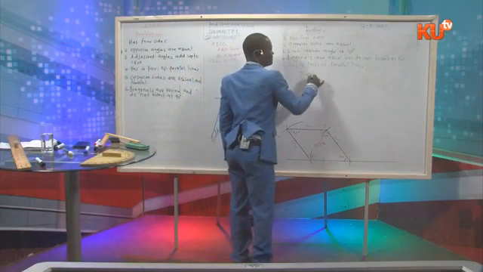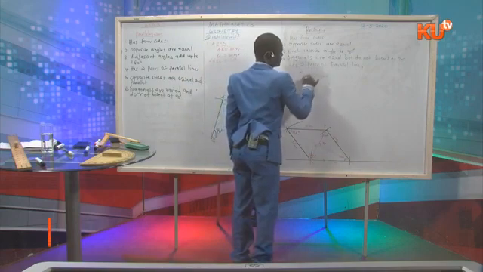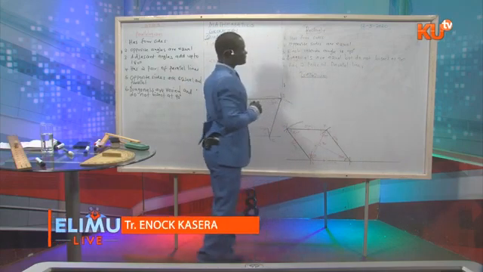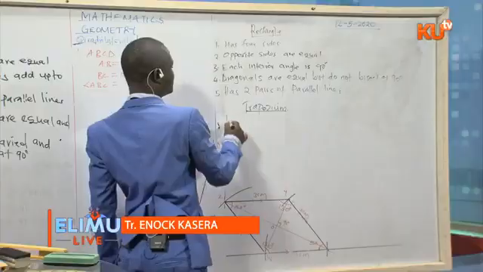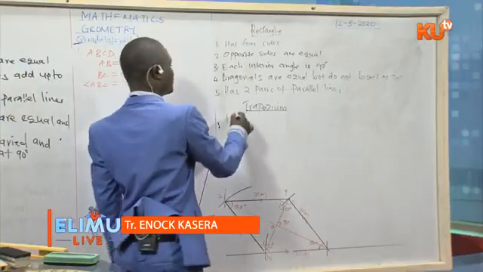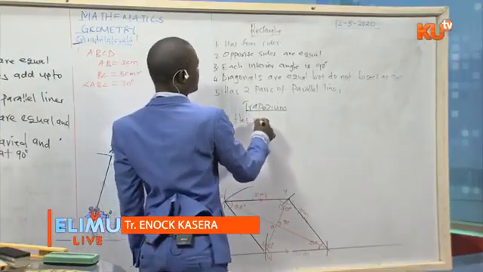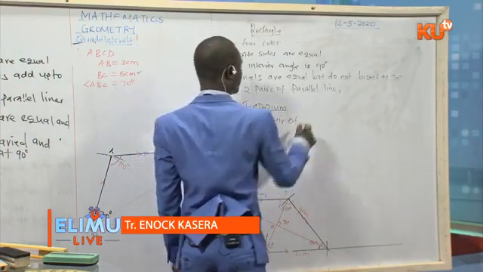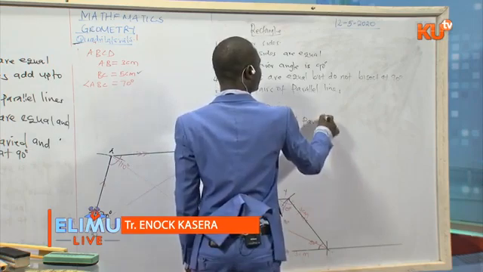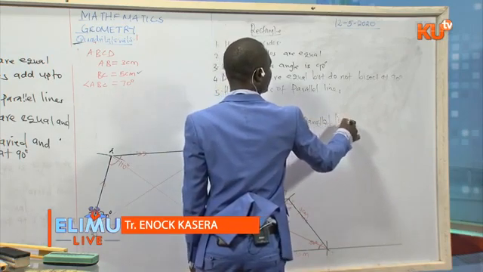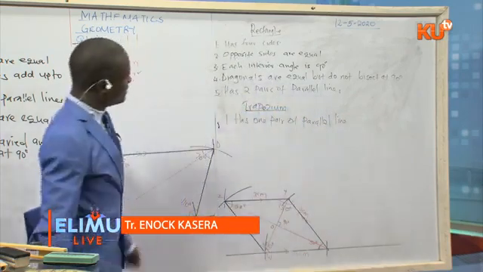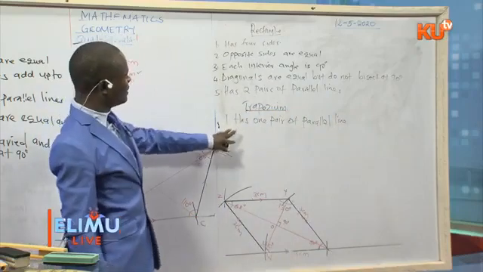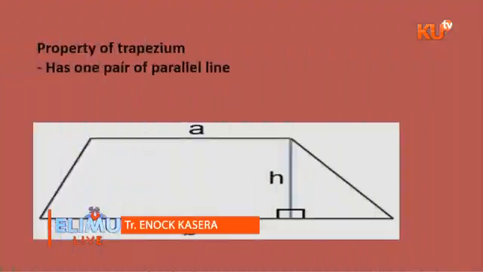Then we have trapezium. Now, trapezium is the only quadrilateral that has one pair of parallel lines.